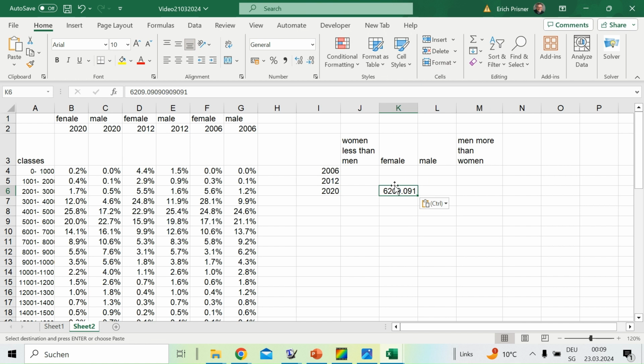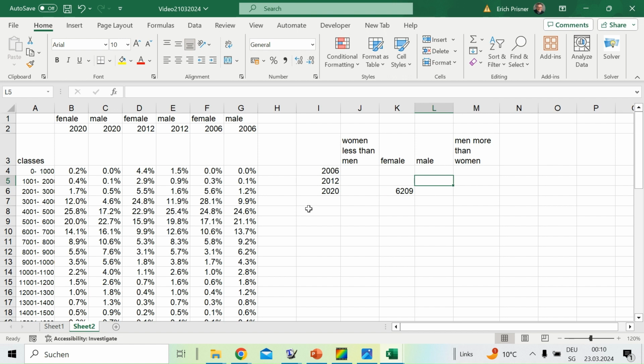And maybe here I should format it a little so that the decimals don't show. So, I mean, this is really too much. So this is maybe the best way to display this.